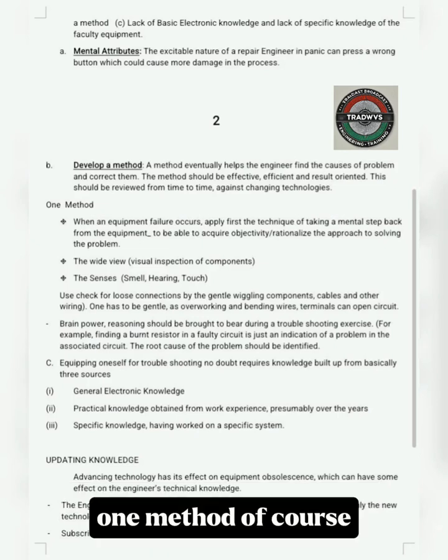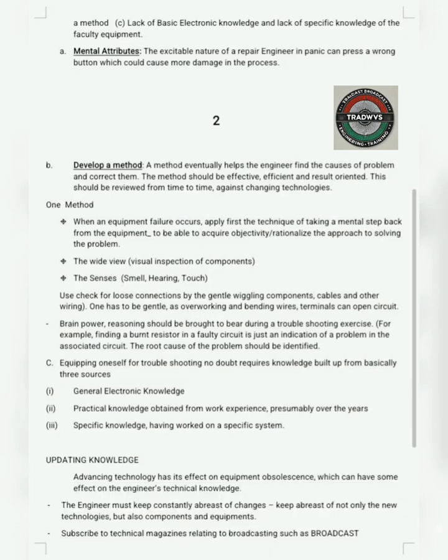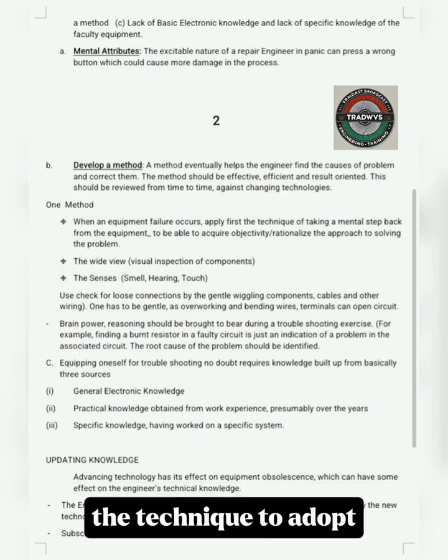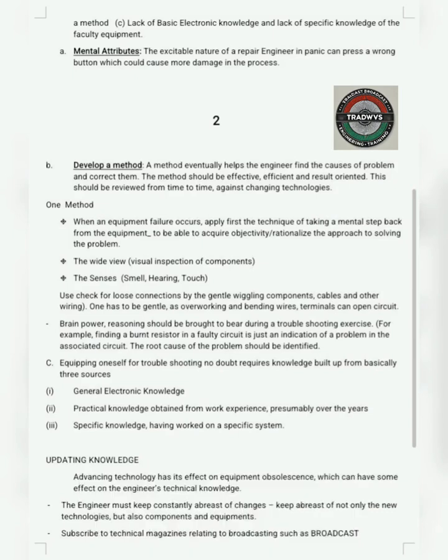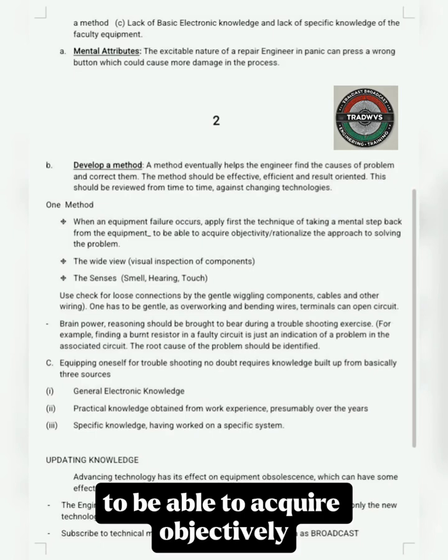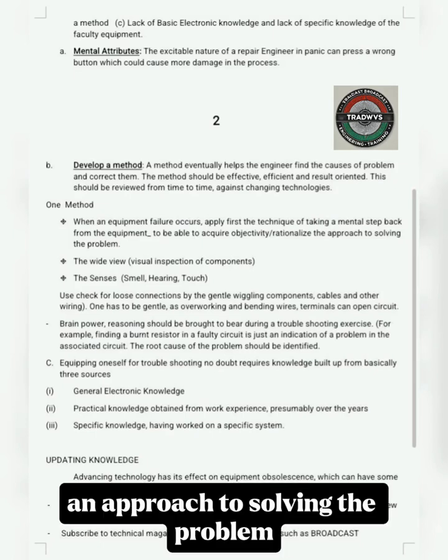One method, of course, is when an equipment failure occurs, the technique to adopt is to take a mental step backwards from the equipment to be able to acquire objectively an approach to solving the problem.